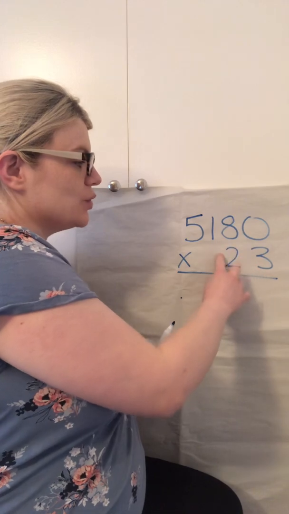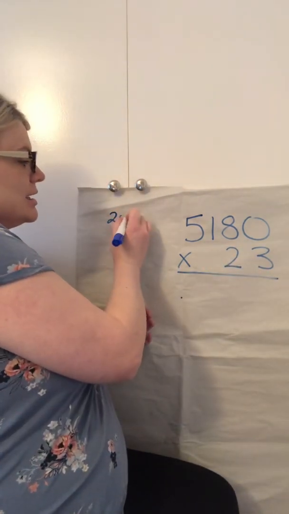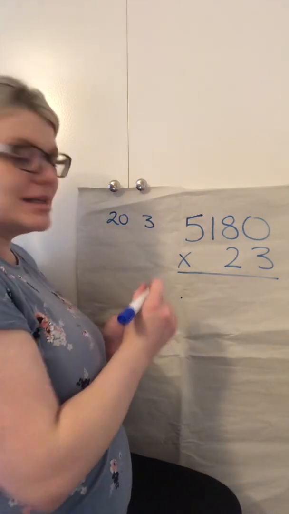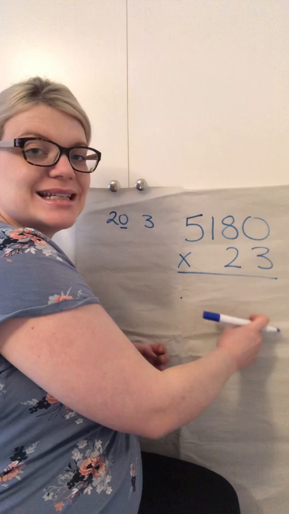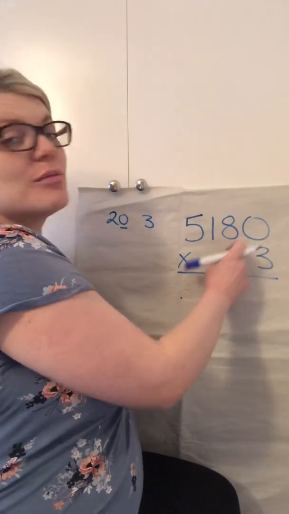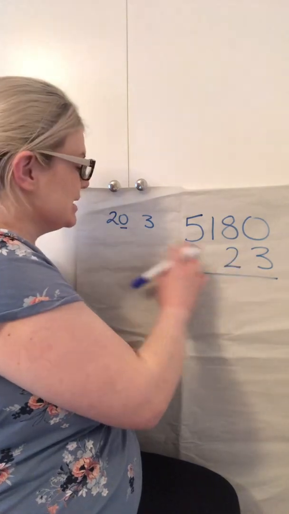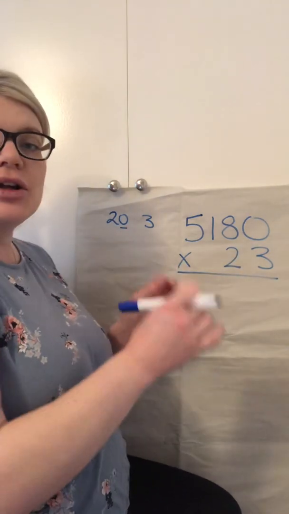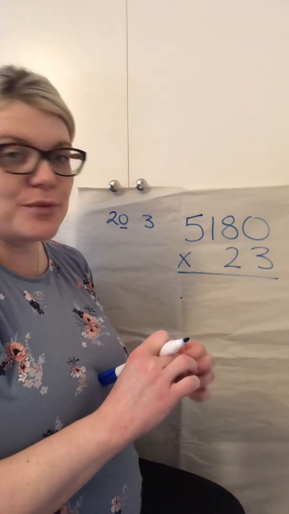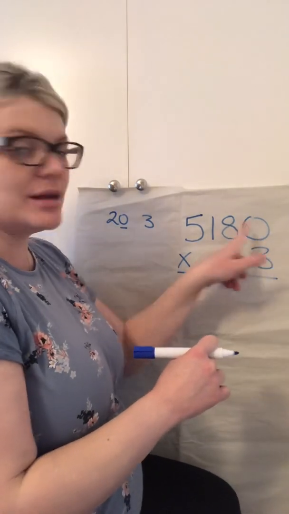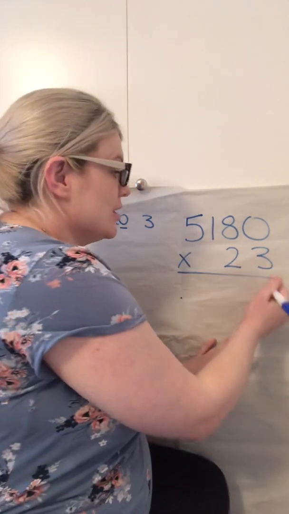Then we look at the 20 or the 2 tens, and as we know 20, we have the 0, and that's why we're always putting the 0 down here, because we are multiplying by 2 to make it easier, but we're actually multiplying by 20, and that's why we put the 0 down. So let's get started. Right, 3 times nothing, anything times nothing is always going to be 0.